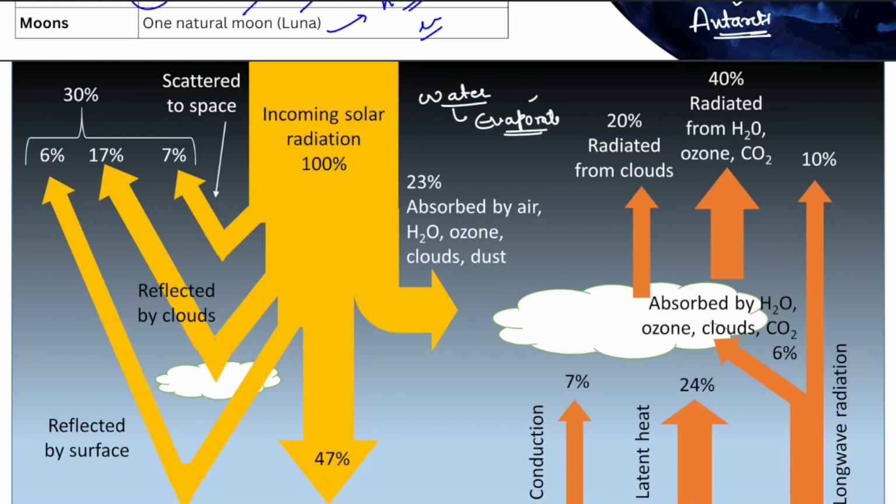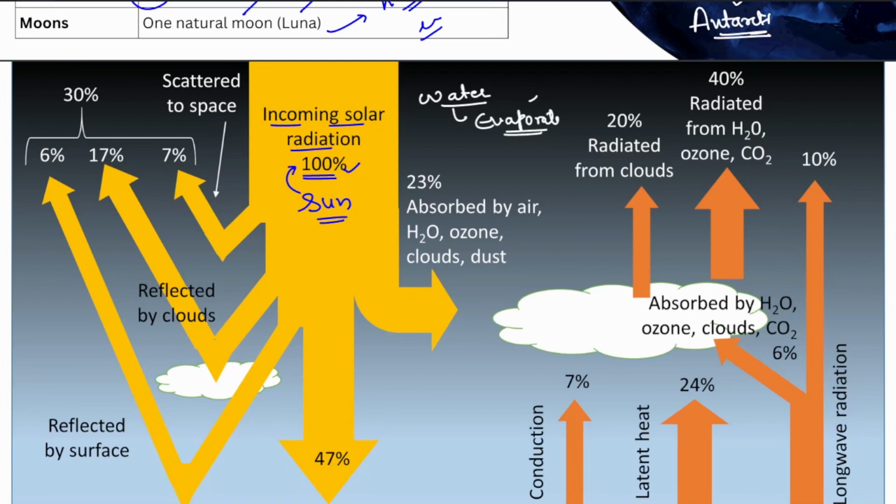All right, now we talk about the incoming solar radiation first. Let's assume this is 100%. That means the sun is throwing light, or heat in the form of light, on the earth, or just call it energy. Now what happens to this 100%?